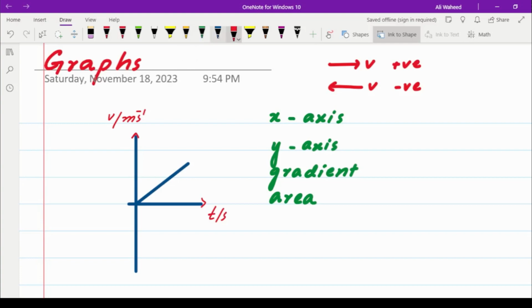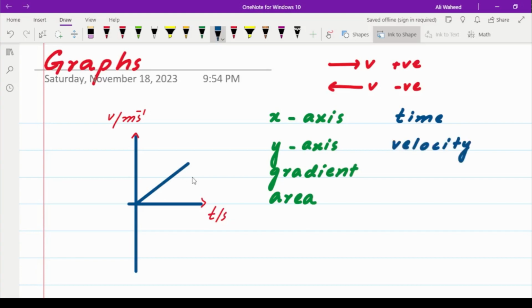So let us apply these 4 properties in this graph, and let's find out what information can be obtained from this specific example. So x-axis tells you about the time, about the passage of time. Y-axis tells you about the velocity, like what is the velocity at any instant of time.